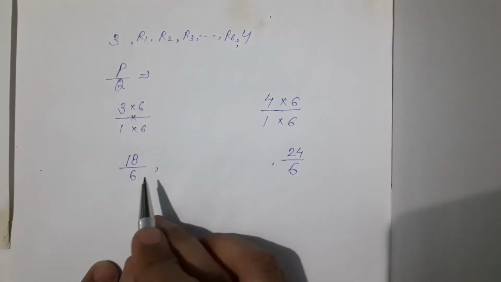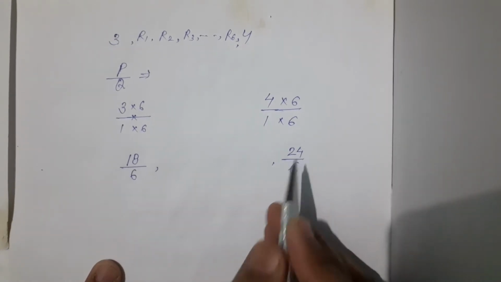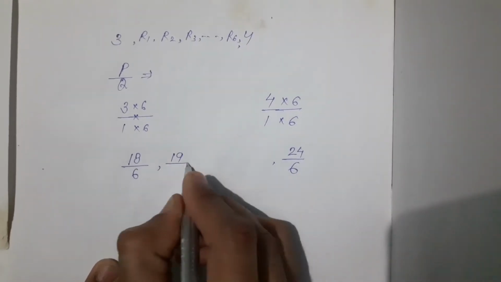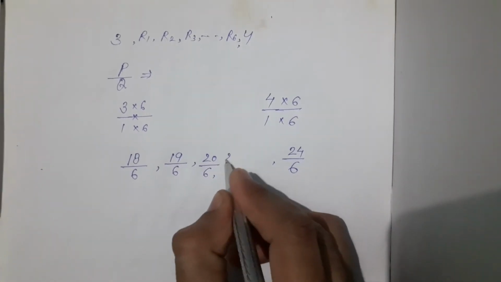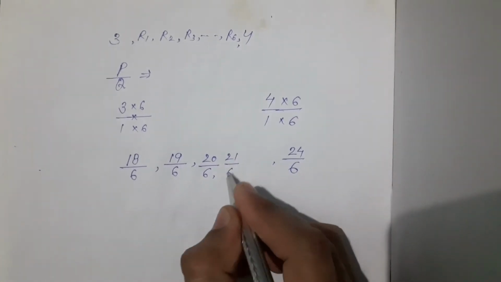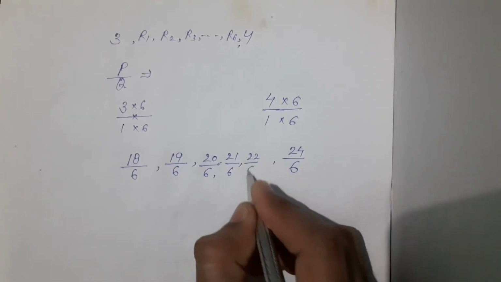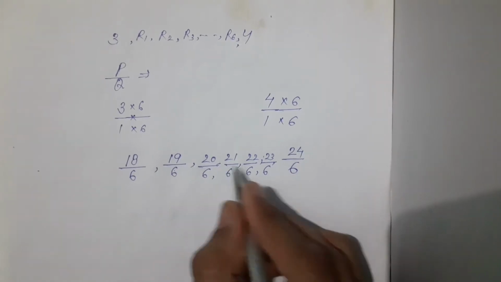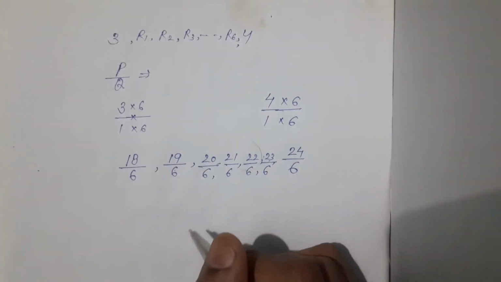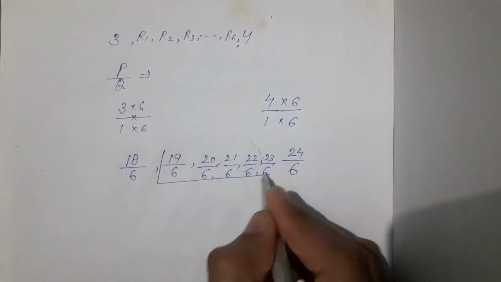Now you can write the numbers between 18 and 24 like 19 upon 6, 20 upon 6, 21 upon 6, 22 upon 6, 23 upon 6. 1, 2, 3, 4, 5. There are 5 rational numbers.